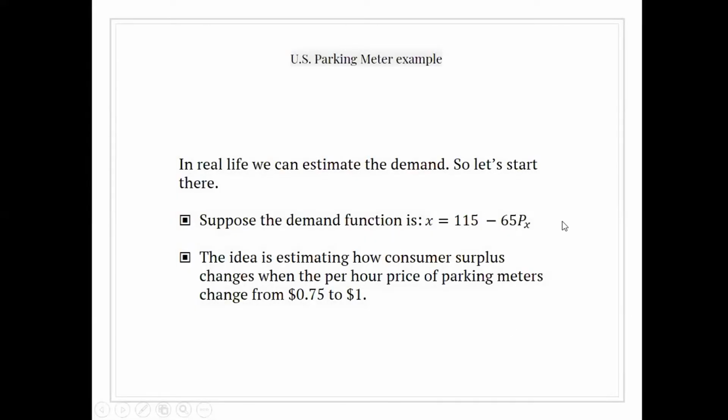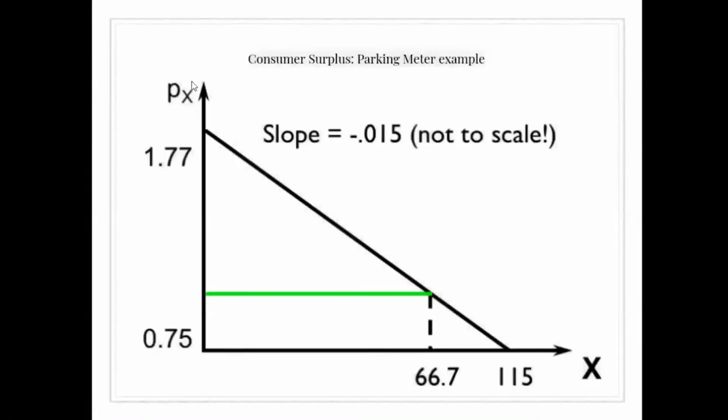And remember that when you want to graph them, you need to invert the demand curve and isolate the price: P equals something with regards to X or Q, because we have P on the y-axis. So once we invert the demand curve, as we saw at the beginning of this course, we get this graph. And those are the numbers for the different things.